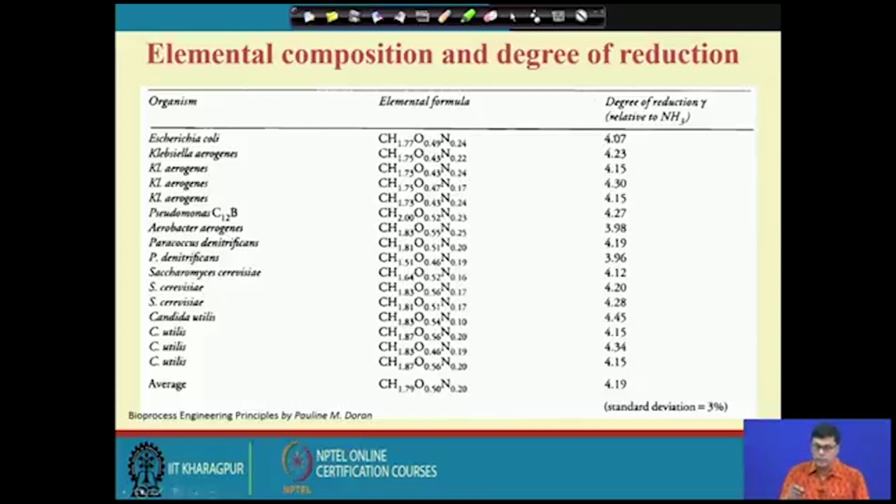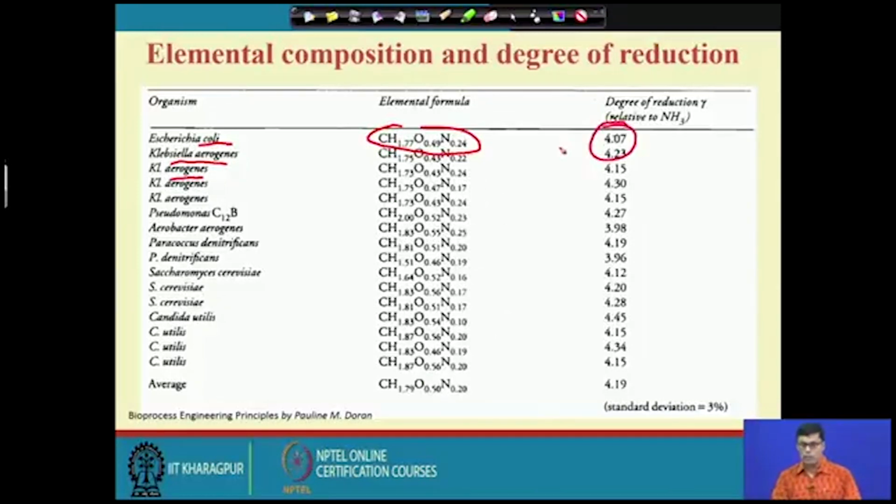Now, here I have given some typical examples of elemental composition of different biomass, like Escherichia coli and Klebsiella aerogenes. This is the empirical formula we have, and the respective degree of reduction.